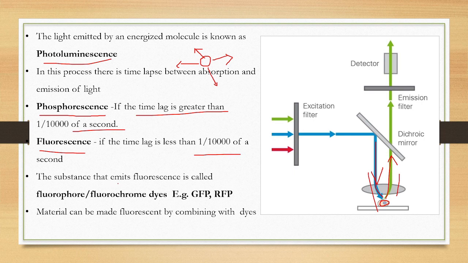The substance that emits fluorescence is called a fluorophore or fluorochrome dye. For example, green fluorescent protein emits green light and red fluorescent protein emits red light. A material can be made fluorescent by combining it with different dyes. This is the basic concept of photoluminescence.